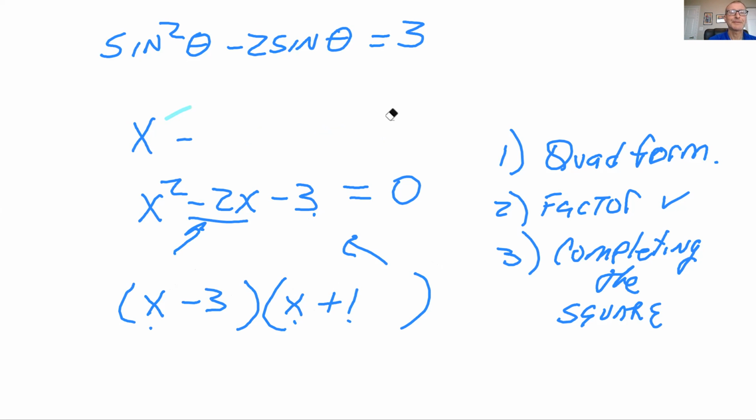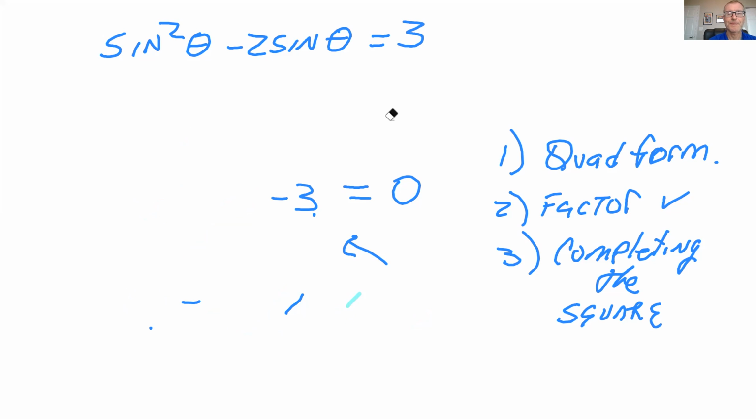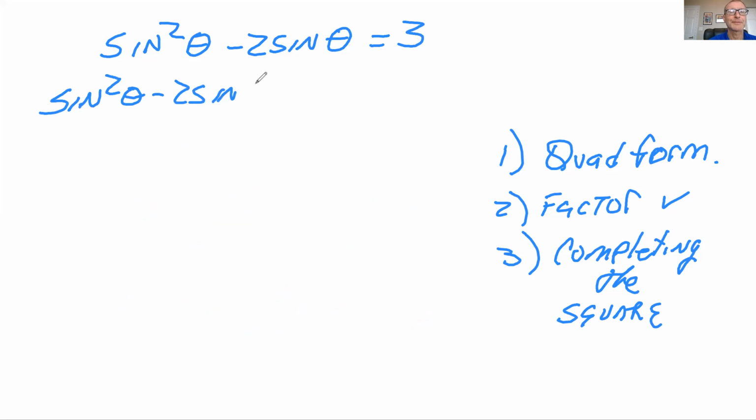So how do we do that in the trig world? We do the exact same thing. First thing we want to do is bring the 3 to the other side and set it equal to 0. And we're in a math class, so this is strategically set up. I like to get rid of the sines and put in x's so I can see the factorization easier. Some of you might be able to do it in your head, but I like to do this.